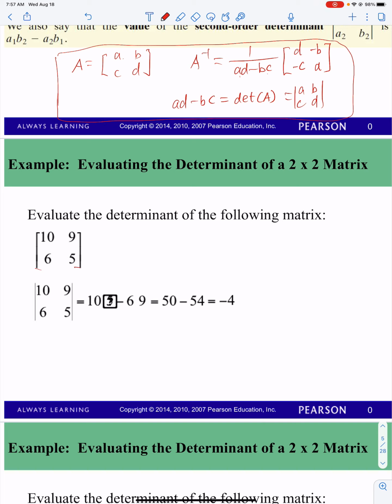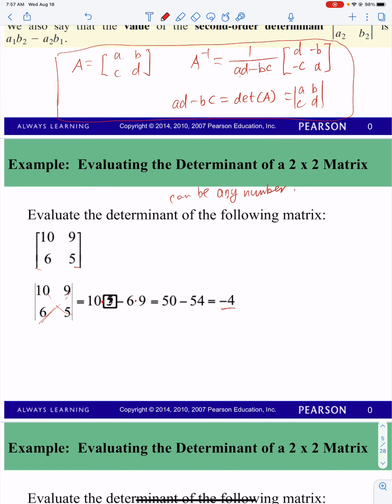The next one is evaluating the determinant for a 2 by 2 matrix. So what will we do? 10 times 5, this diagonal, minus the multiplication of this diagonal. So it's 50 minus 54, which is negative 4. The determinant can be 0, can be any number.